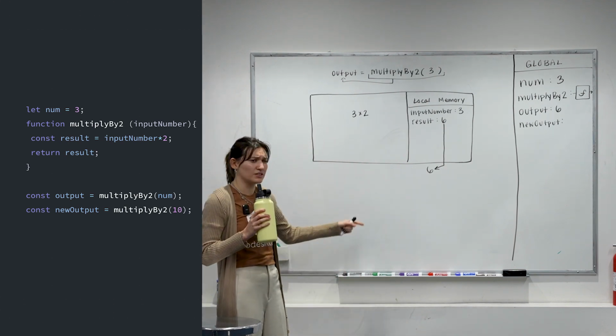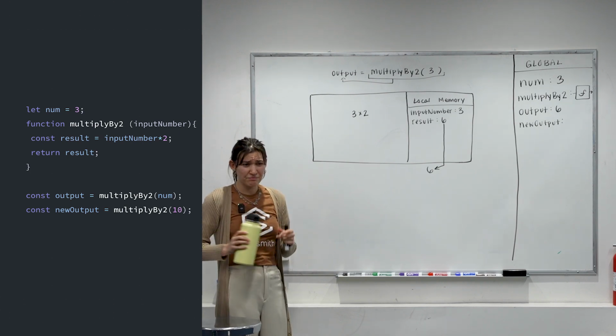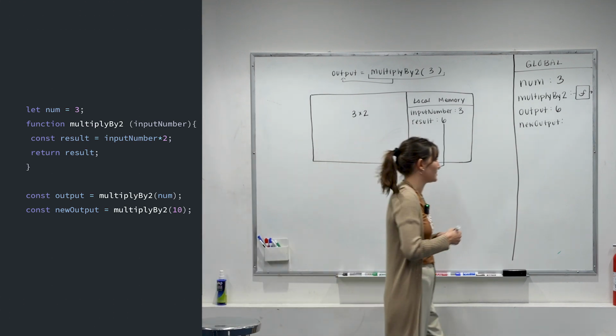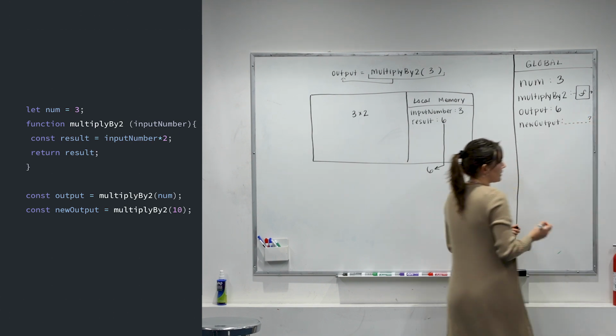But have we run that functionality yet? Has our computer run that functionality? No. So do we know the value? No. Absolutely not. No, our computer has not run that functionality yet. So new output for the moment is undefined.